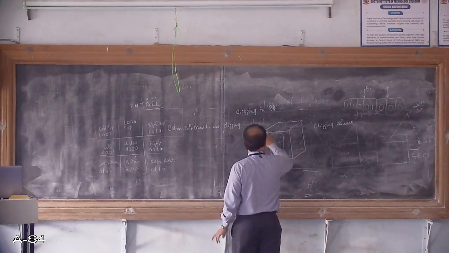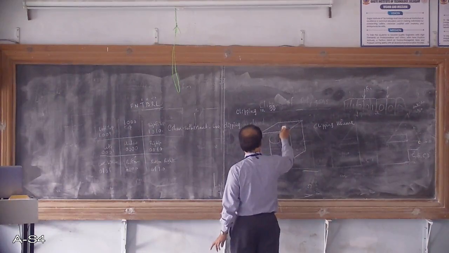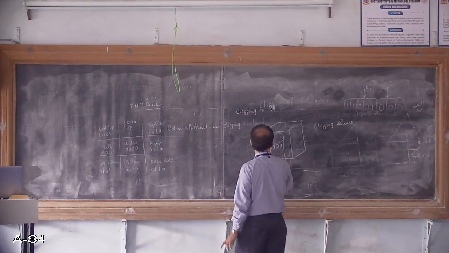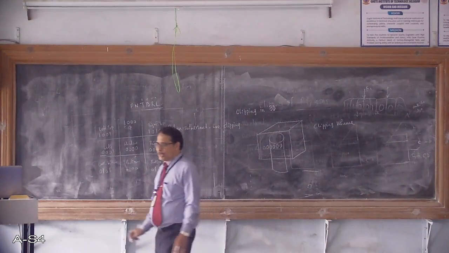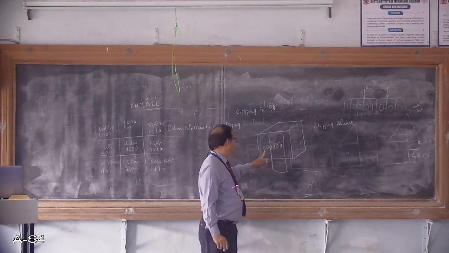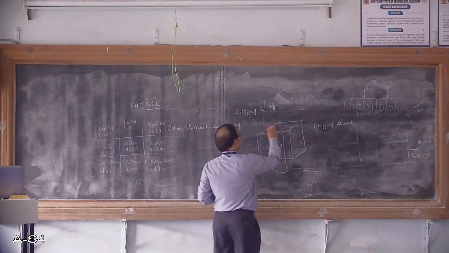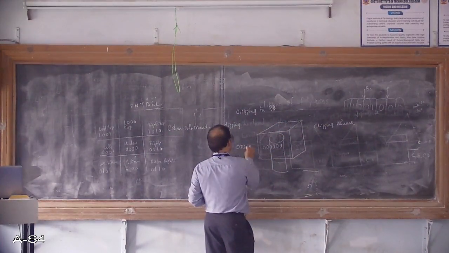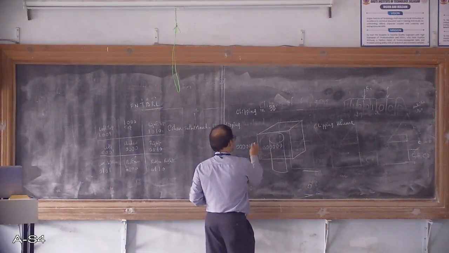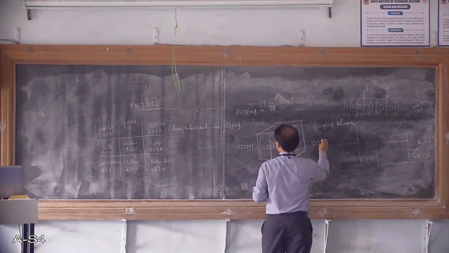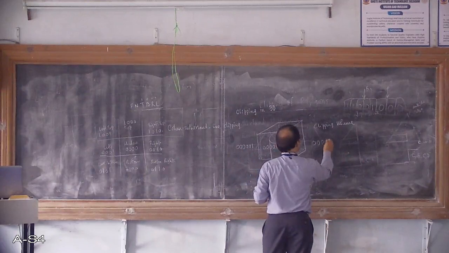So any object which lies inside the clipping window will have a boundary code of all zeros, 1 2 3 4 5 6. Anything to the left boundary will have a boundary code 0 0 0 0 0 1. Anything to the right will have 0 0 0 0 1 0.